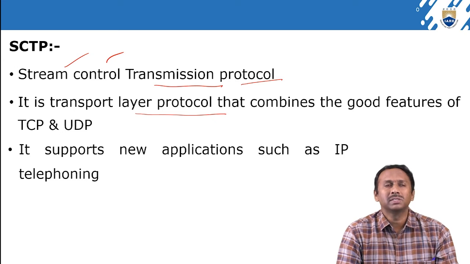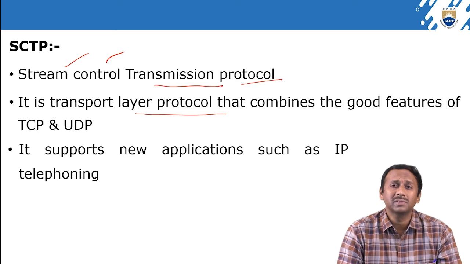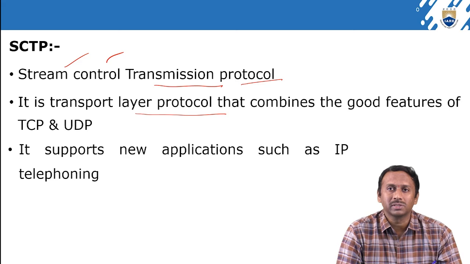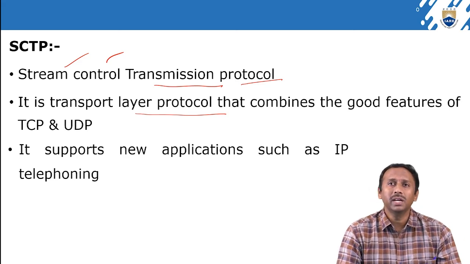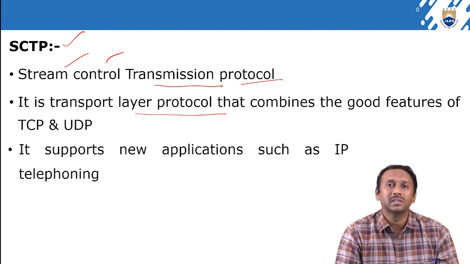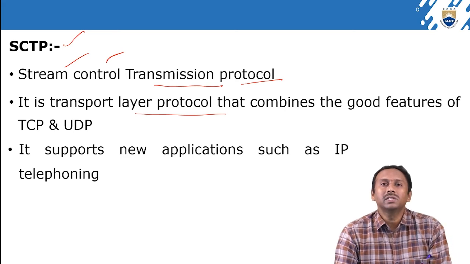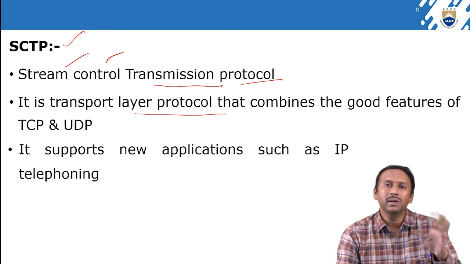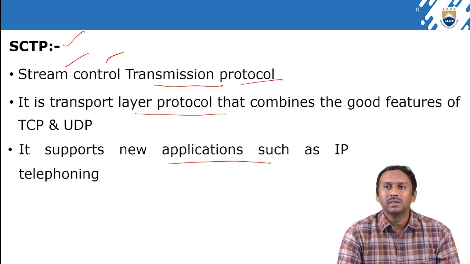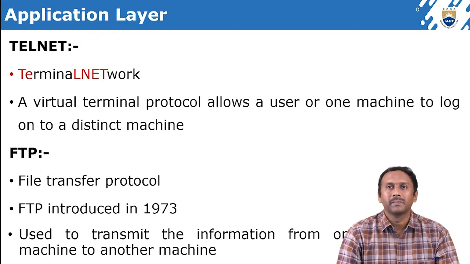In most textbooks, we can identify only TCP and UDP in the transport layer, but if you go in depth, there is another protocol in the transport layer called SCTP. This protocol is a combination of good features of both TCP and UDP, and it supports new applications such as IP telephony.